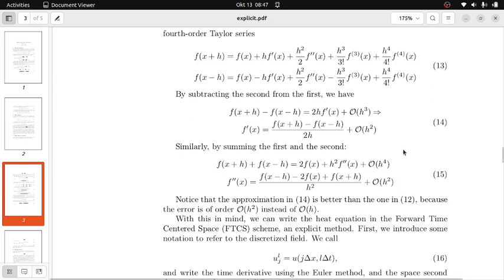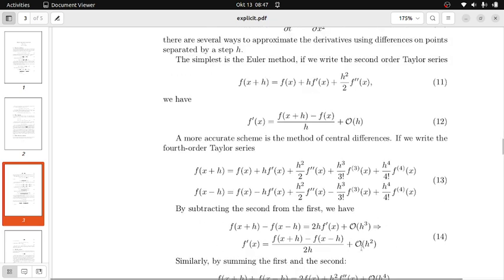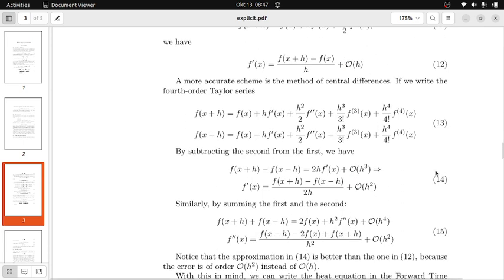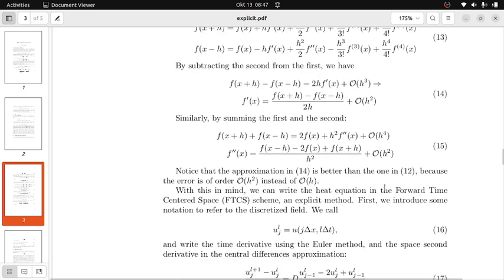And one very interesting thing that you should notice is that this approximation here, where I pick the number from the right and subtract one from the left and divide by 2h, is more accurate than the Euler one, because here the error is O(h²), while there the error is only O(h), right? So if you take h less than 1, for example, this one will perform better. And our approximation for the second derivative is also O(h²).